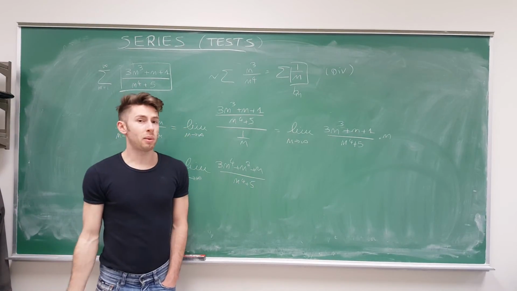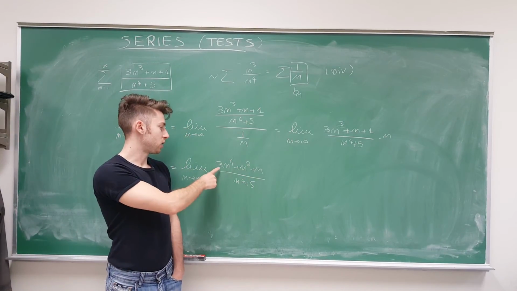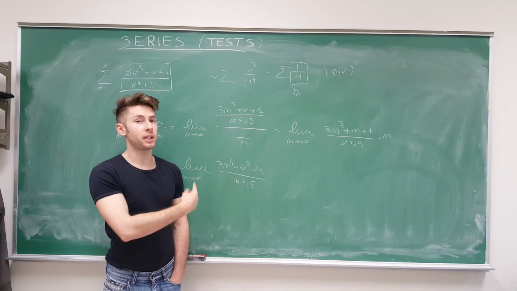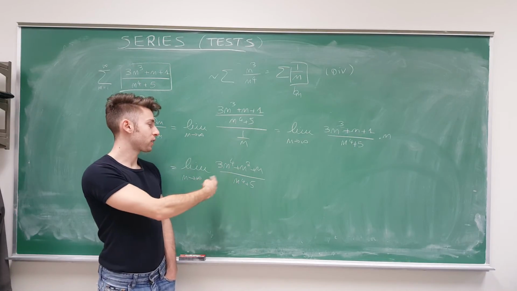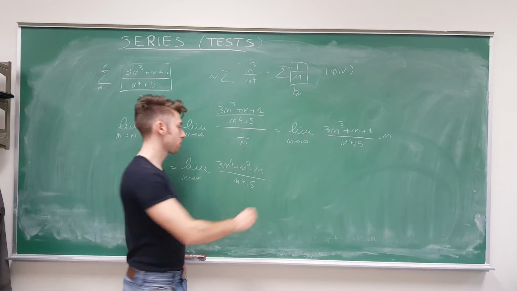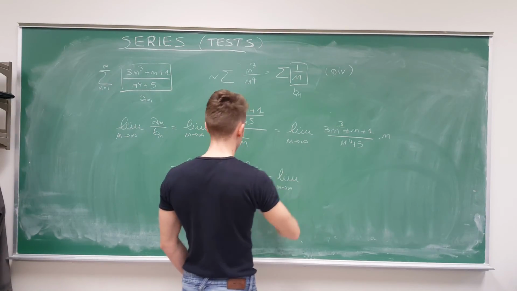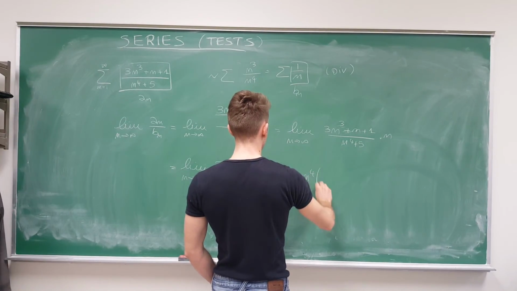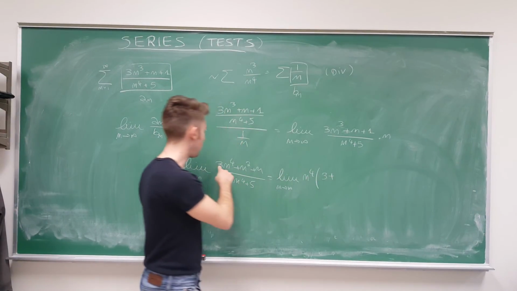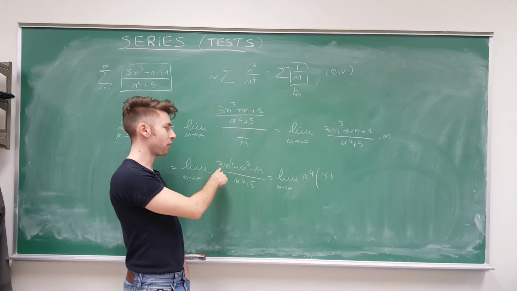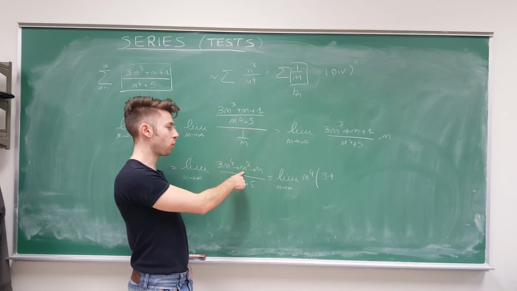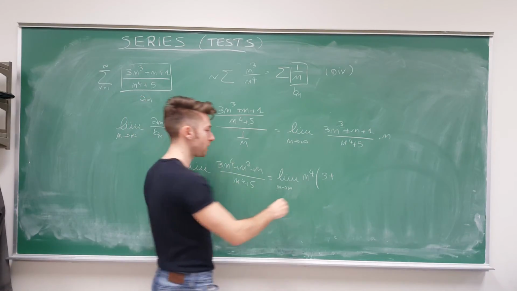Okay, so then I'm just going to multiply that out. And you should be able to tell by now that this limit is just going to end up being 3, but let's do it formally. I'm going to factor out the highest powers. So here I take out an n to the fourth, so I'm left with a 3. From an n squared, I will be left with 1 over n squared.